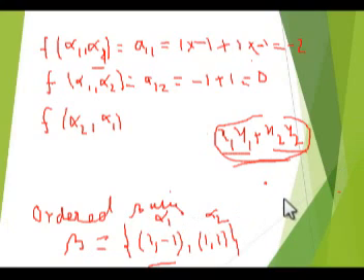So there are two positions, and either alpha 1 goes to the first position, or alpha 2 goes to the first position. So both have two chances. So 2 cross 2, there are 4 chances. So we have 4 elements in this way.